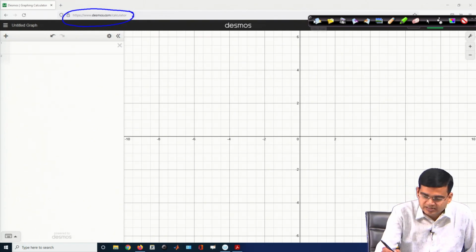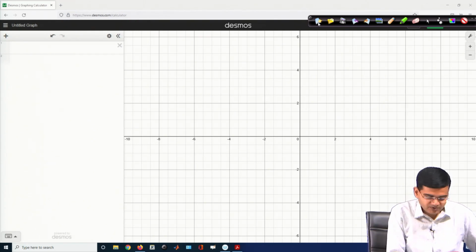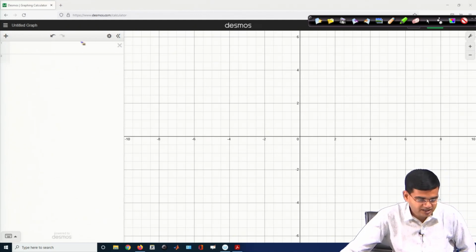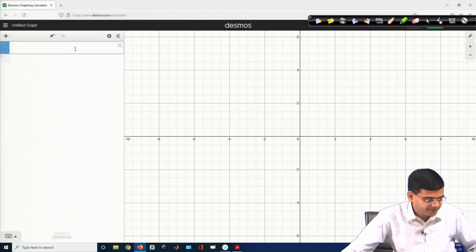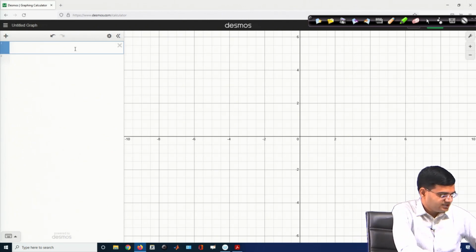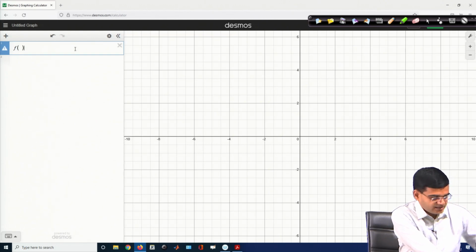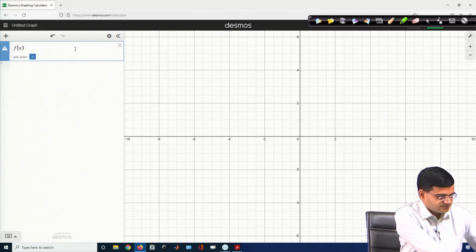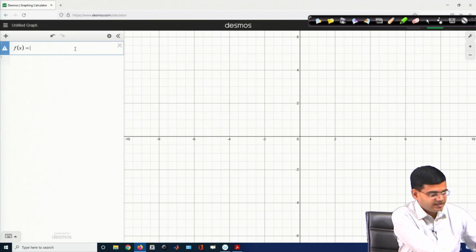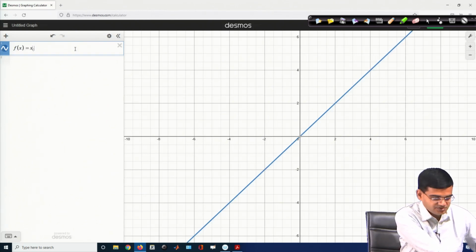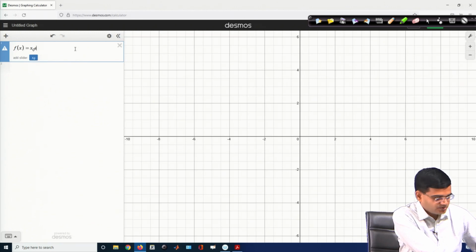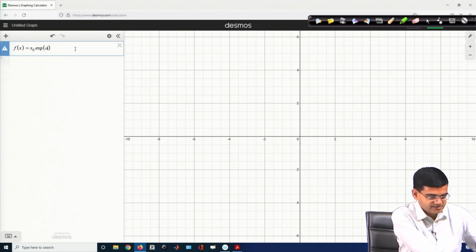Okay. So, what we will do is we will try to punch in an exponential function. So, f of x is equal to my initial condition, say x 0, times exponential of a x.